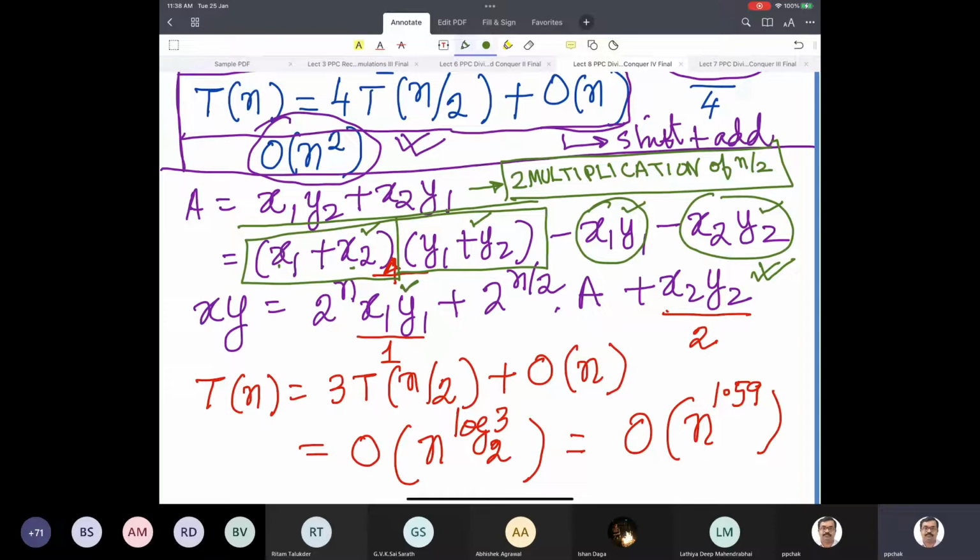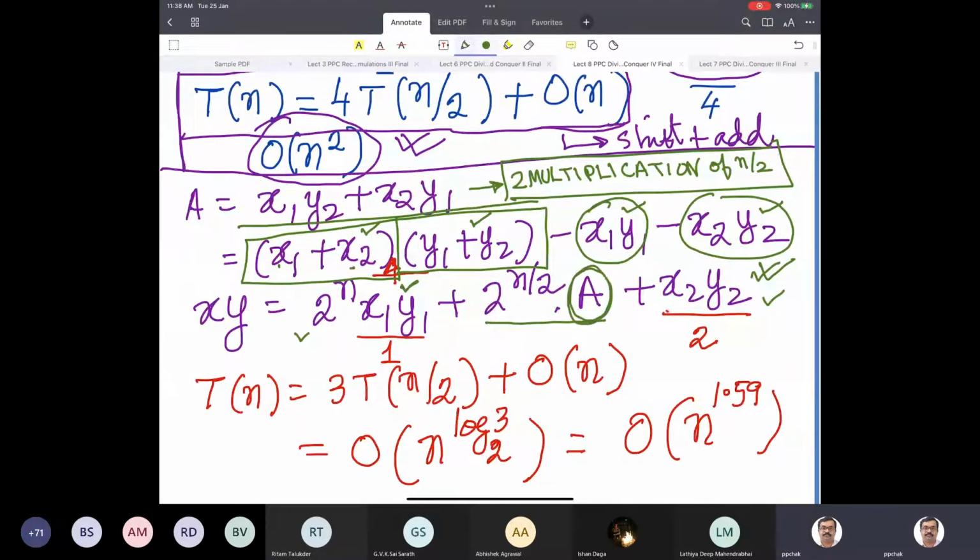And if I do this, I will still get back whatever my results are. My results will be 2 to the power n x1 y1 plus 2 to the power n by 2 a plus x2 y2.